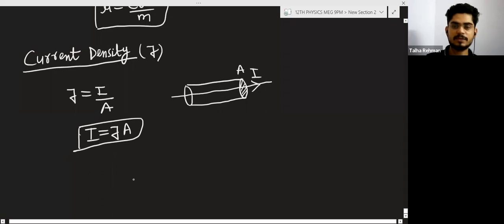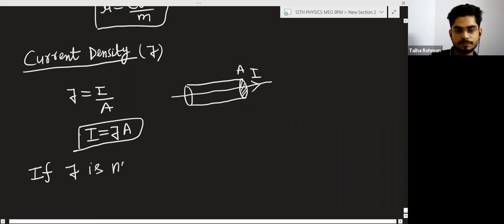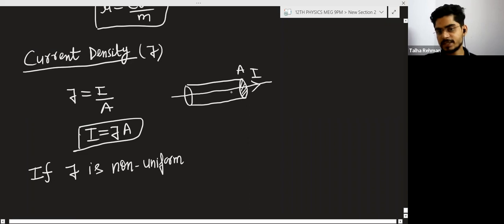This current density can be uniform or non-uniform. Non-uniform means the current density is changing throughout the area, with distance with respect to area.